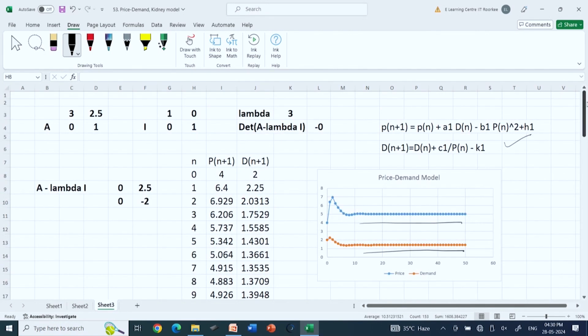So with this we come to an end of this interesting price and demand model. And you can change the values of the parameters in this model and see how the curve behaves by changing A1, B1, C1, H1 and K1.